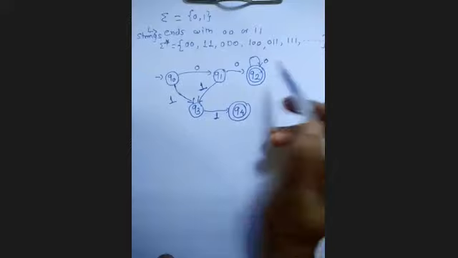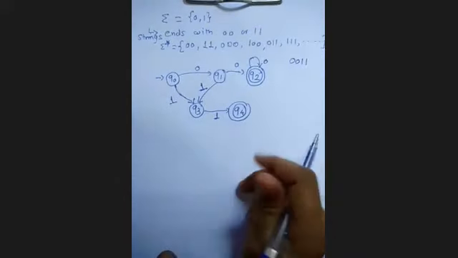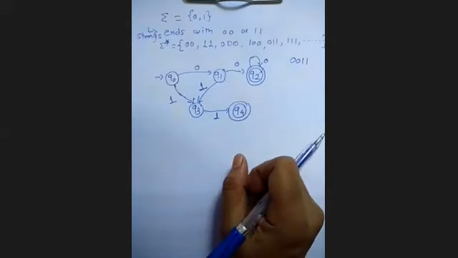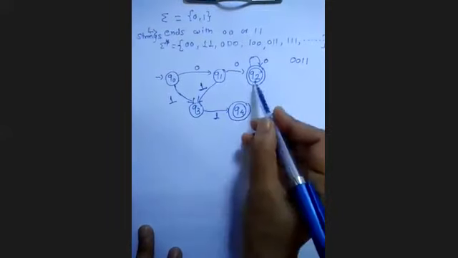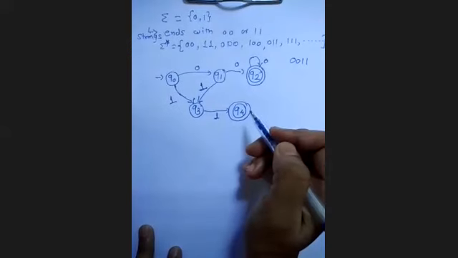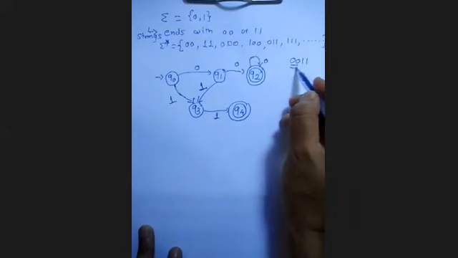In the same way, if I give the input as 2 zeros and 2 ones, it should accept, no? So you check which state you should transition to so that it reaches a final state after reading 0 0 1 1. So Q2 on 1, where should it go? See, 0 0 you have already read.